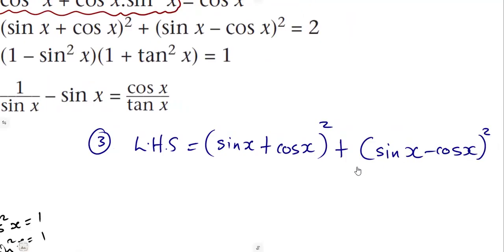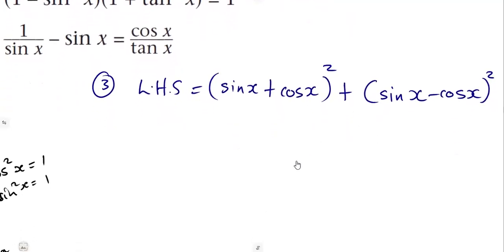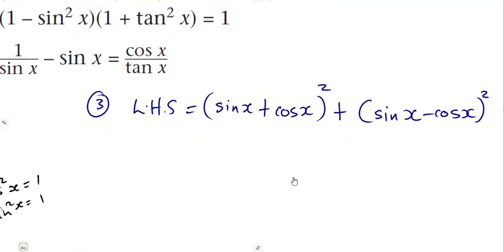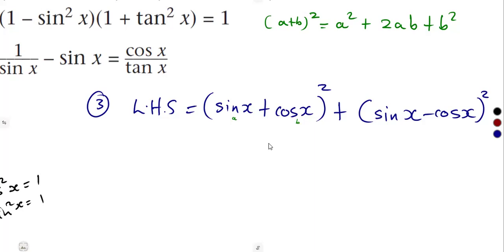Guys, algebra did a big job in our mathematics. Knowing just algebra is important, guys. If you know that a plus b squared is equal to a squared plus 2ab plus b squared, therefore we can simplify this, because this is our a, this is our b, raised to the exponent of 2.